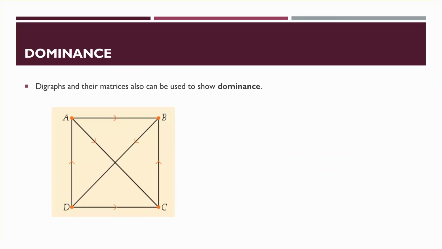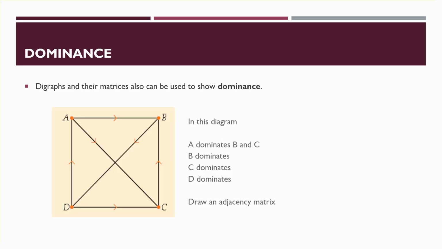The last one is dominance. Digraphs and their matrices also can be used to show dominance. Dominance is basically exactly the same as a directed graph, but what we can do is call them teams. So team A, B, C, and D. In this diagram, A dominates B and C. B dominates who?